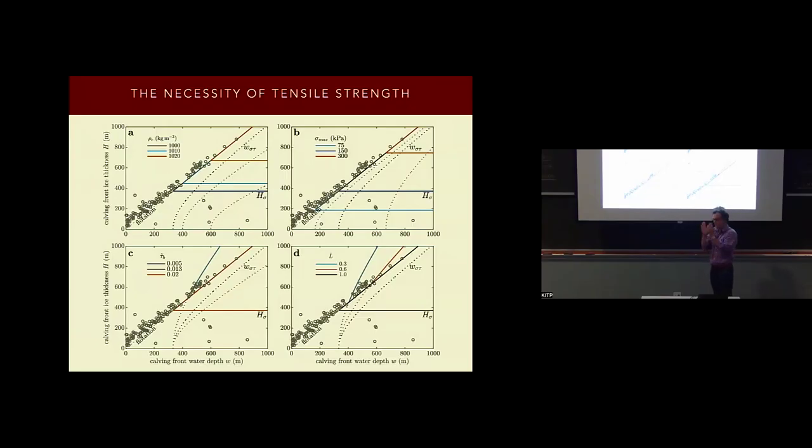You need a distance over which the basal friction is acting, so you have to be careful, and it's that product essentially. We put in fairly realistic values. We said that the typical length is equal to the height of the ice sheet.